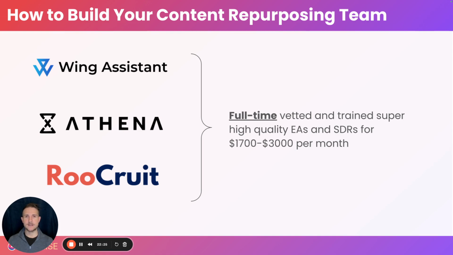You can get a Wing assistant part-time, really good quality, for $899 a month. Athena's are super high quality, very highly vetted EAs, and Recruit is super high quality SDRs, usually out of South Africa, where obviously native English speakers understand the American and European context.